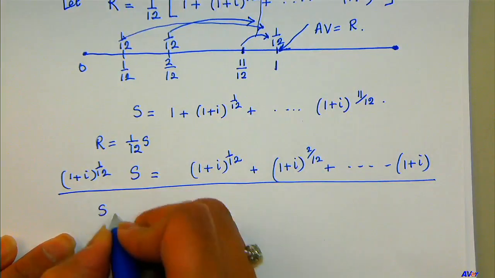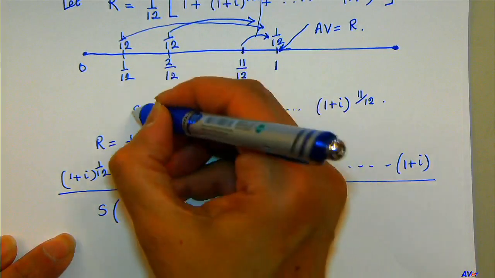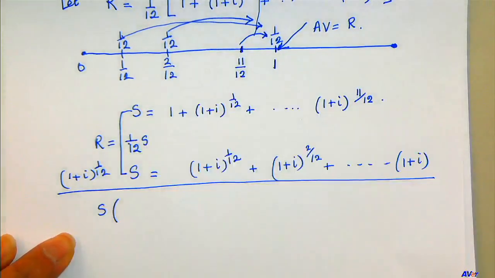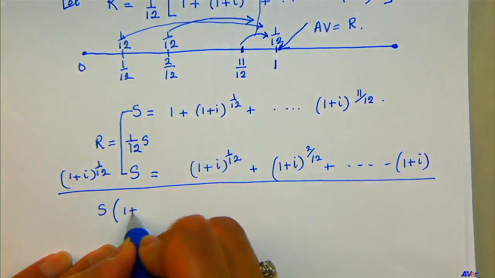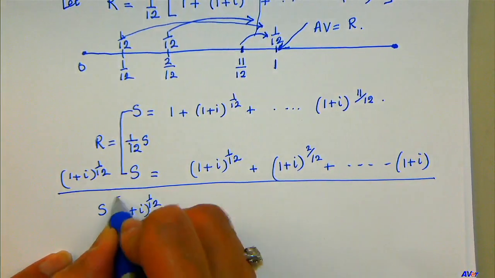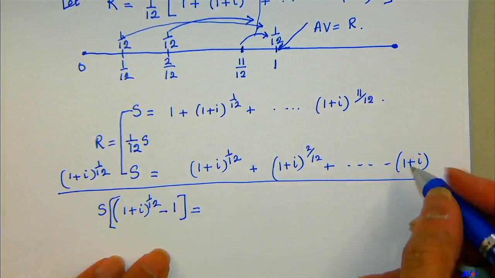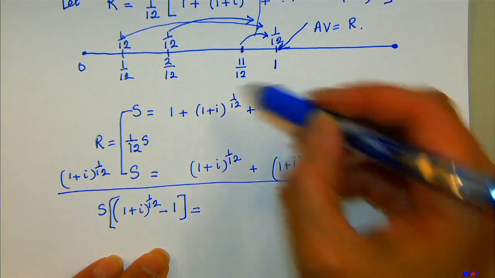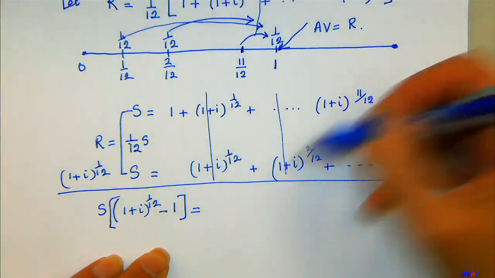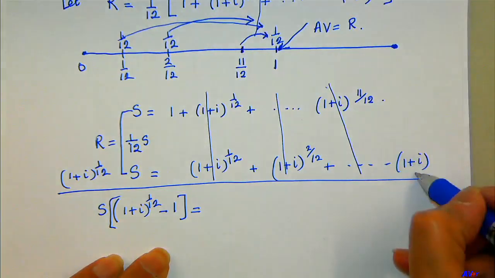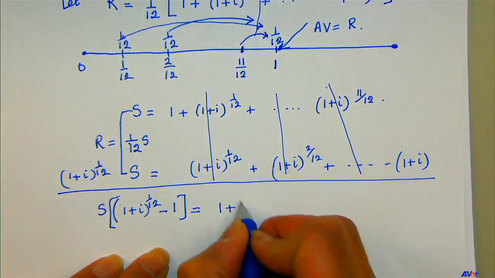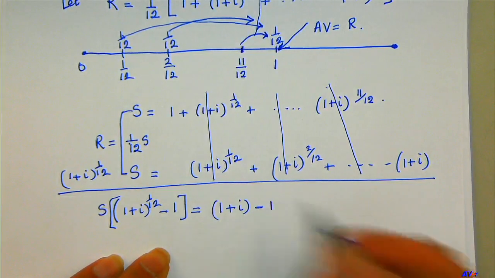So S times, I'm dealing with this one and this one now, S times ((1 plus i)^(1/12) minus 1) equals, everything is going to drop here. This drops, this drops, this drops, this doesn't drop. So 1 plus i minus 1.